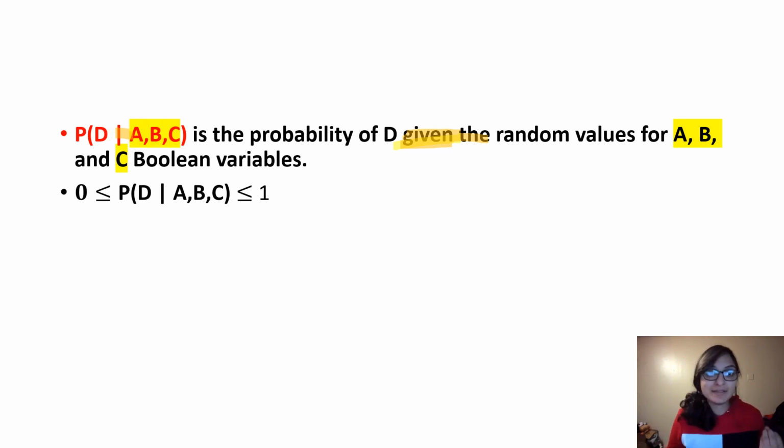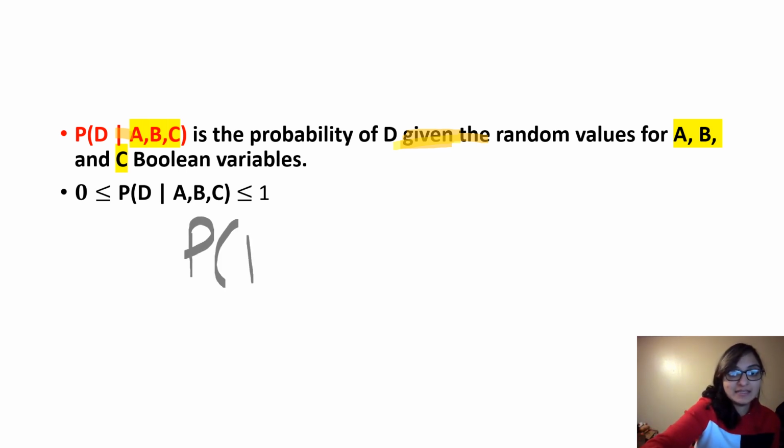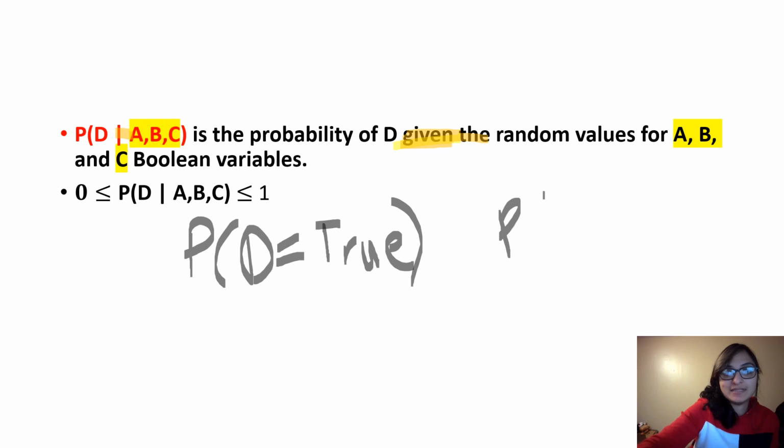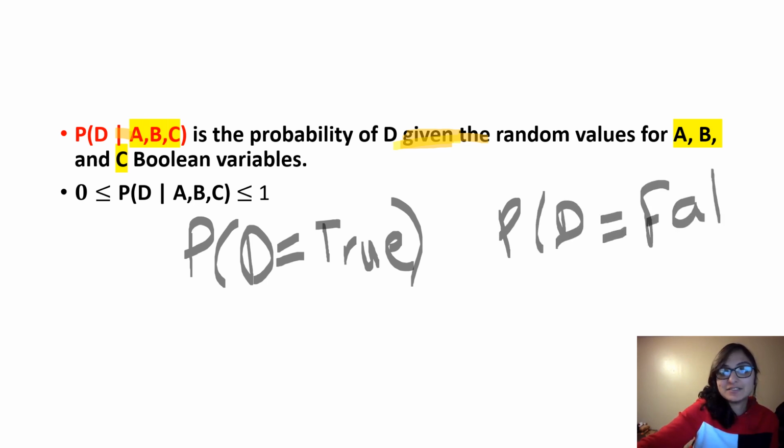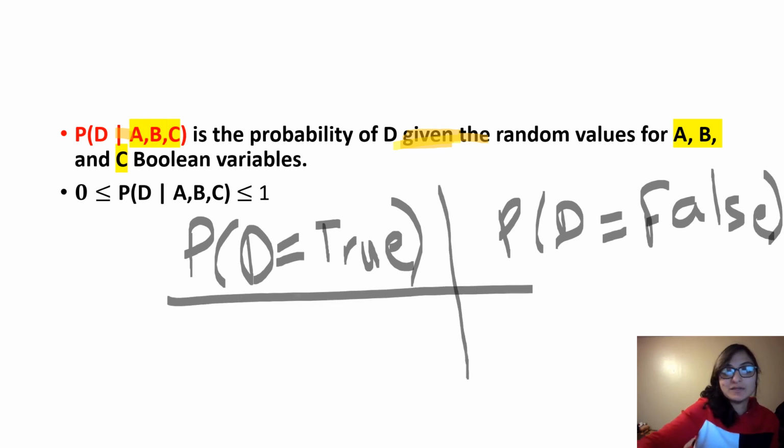So we look at this distribution for D and we have the probability that D equals true, and then we also have the probability that D equals false. And that's what we are concerned with. These both sum up to 1, whatever these numbers are.